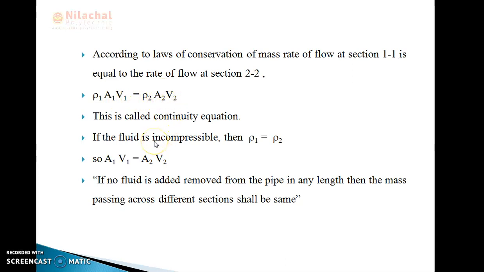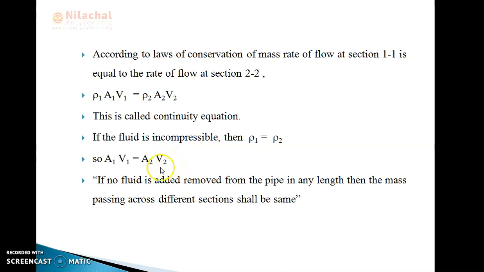If you consider, that is case 1, the fluid is incompressible, then density is constant, that is rho 1 is equal to rho 2. So rho 1 is equal to rho 2, we can cancel it, then finally we will get for incompressible fluid A1 v1 is equal to A2 v2.